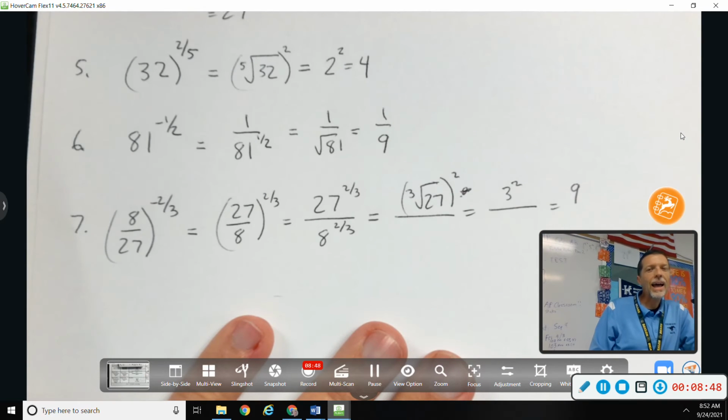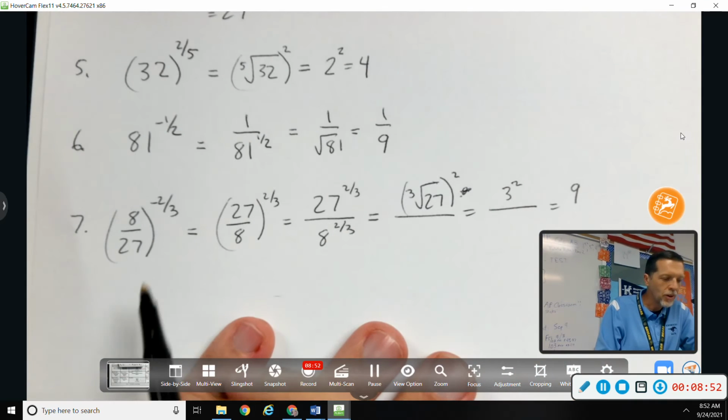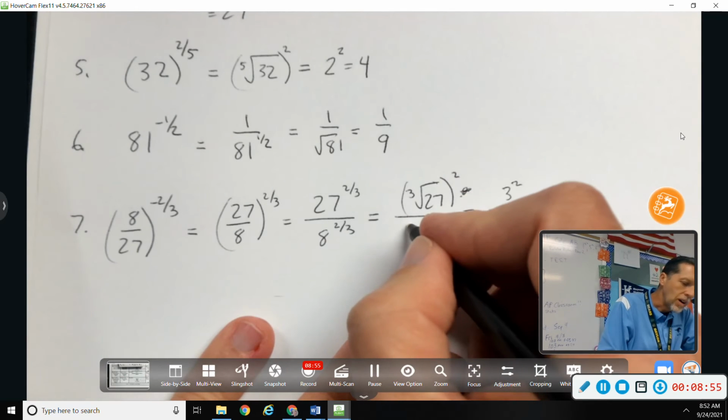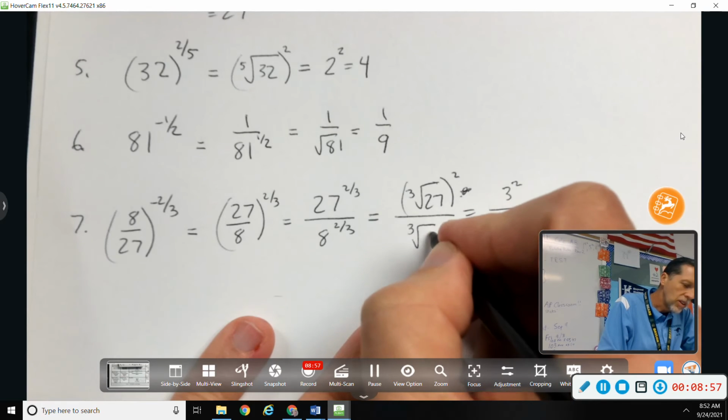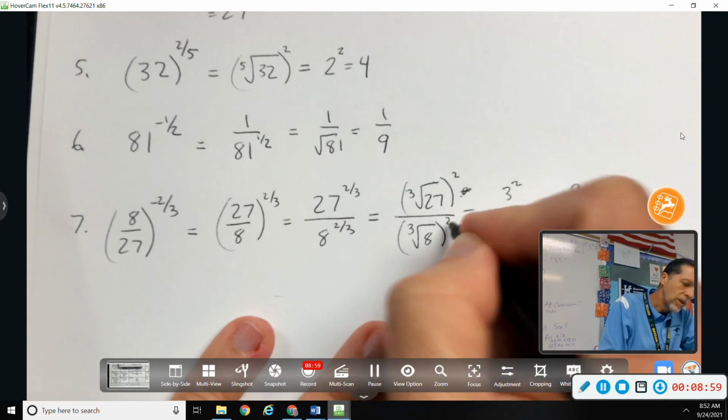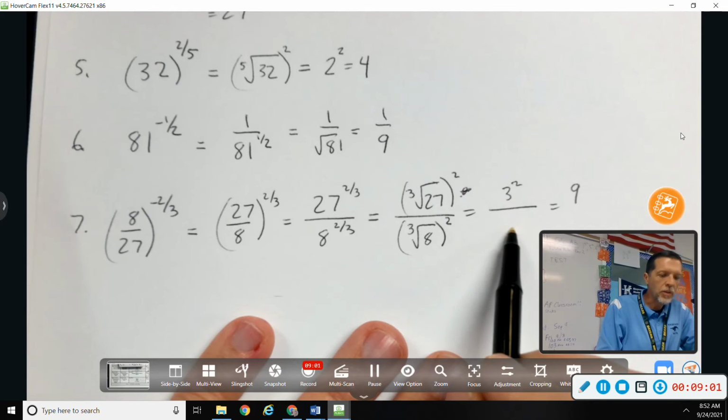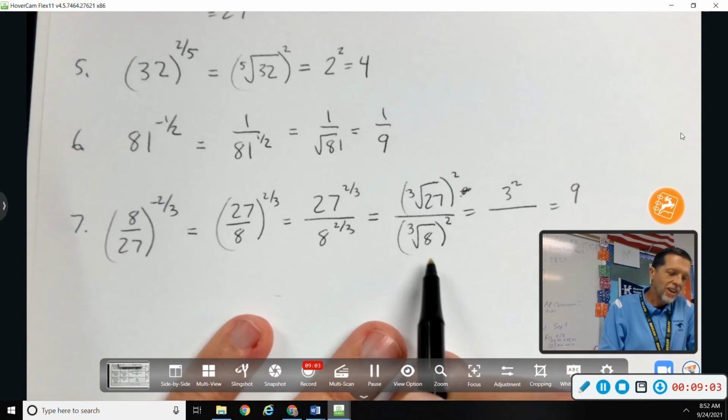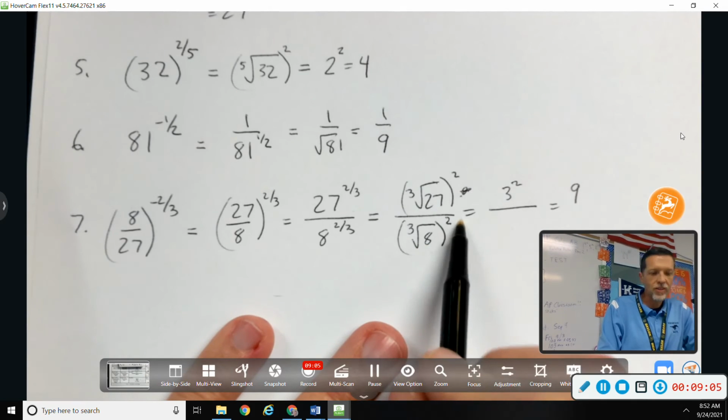Again, I don't expect you to show 5 or 6 steps like I'm doing, but on this one, you probably have to show a couple steps. Cube root of 8 squared. Okay, let's skip a step on this one. The cube root of 8 is 2, and 2 squared is 4.